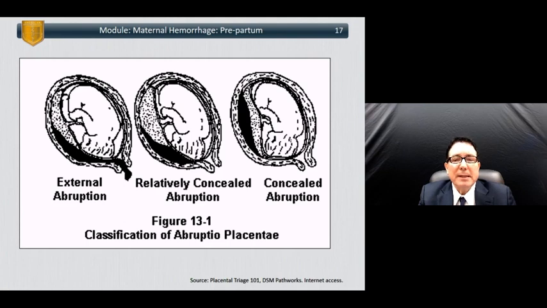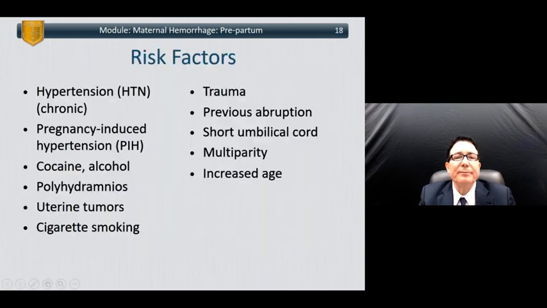And this is just a figure with a classification of abruptio placenta here, an external abruptio here, a relatively concealed abruptio, and a concealed abruptio, as you see here, which can be the most difficult to deal with because the patient is not actively bleeding.